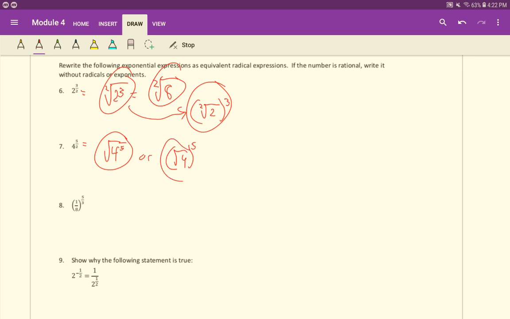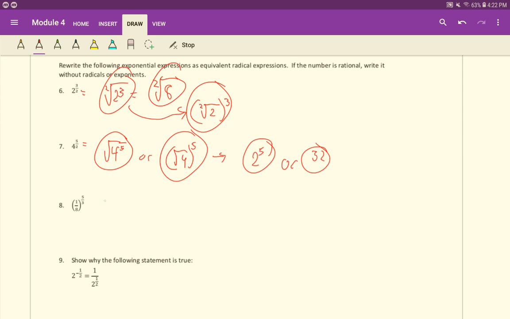Now, we know what the square root of 4 is, so we really could simplify this even more. The square root of 4 here is 2, so we're going to do 2 to the 5th as our final answer there. Or if you like, you can do 32. 2 times 2 is 4, times 2 is 8, times 2 is 16, times 2 is 32. So that one actually simplifies nicely. This one not so much, because we don't really know the square root of 2 very well.